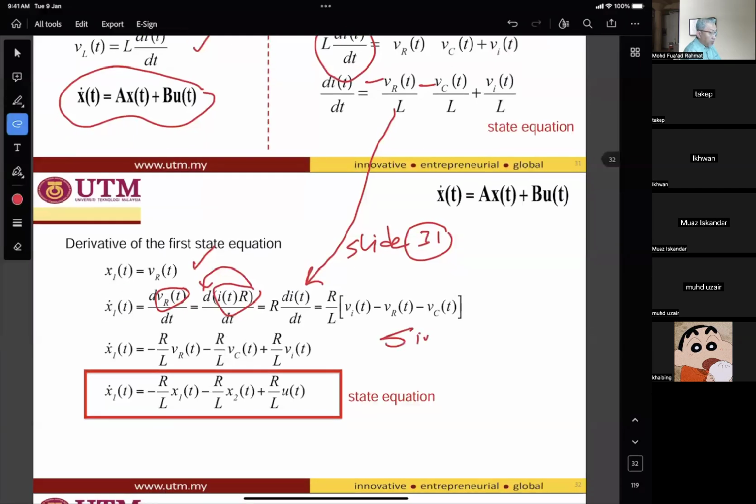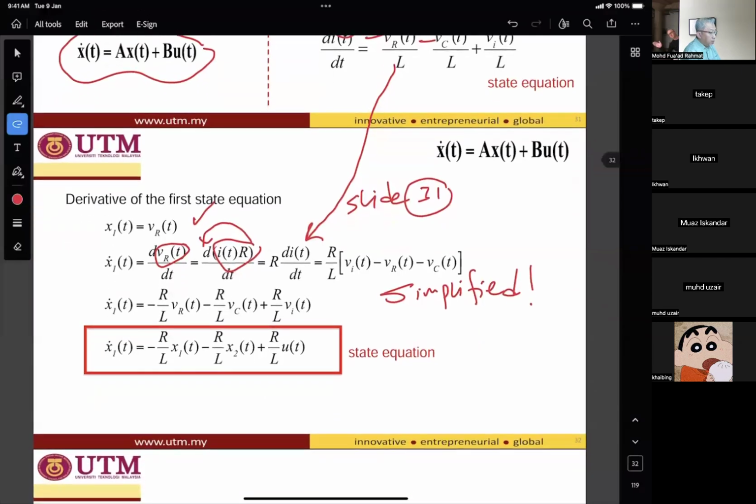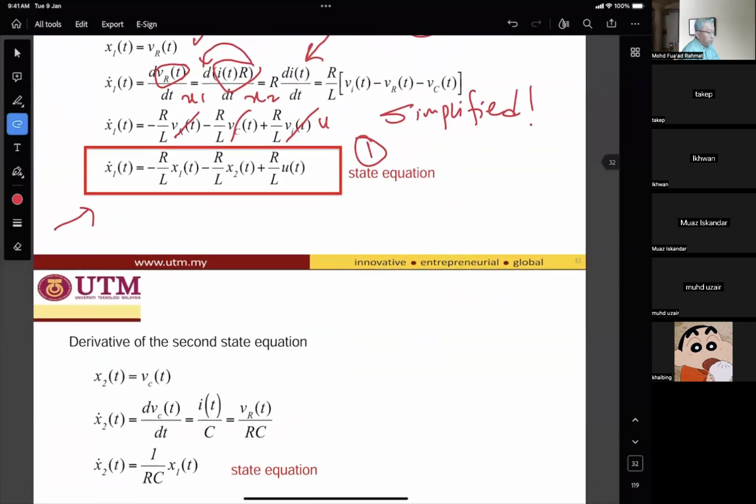And then simplify. You will get x1 dot equals minus R over L VR minus R over L VC plus R over L Vi. VR is x1, VC is x2, and Vi is U, input. Therefore, we get the first state equation, which is x1 dot equals minus R over L x1 minus R over L x2 plus R over L U.